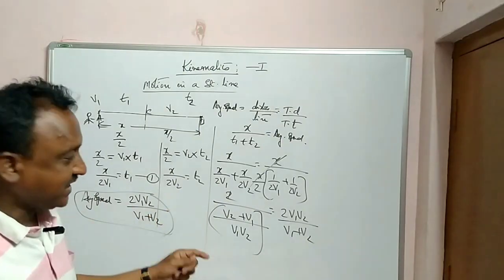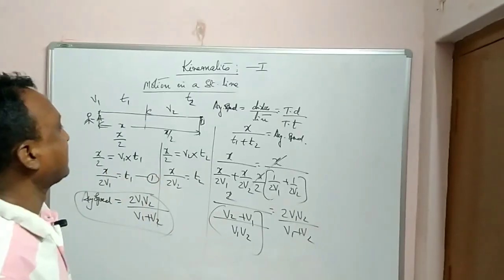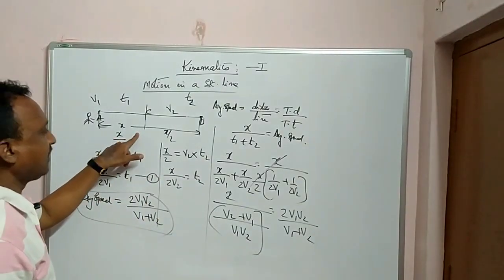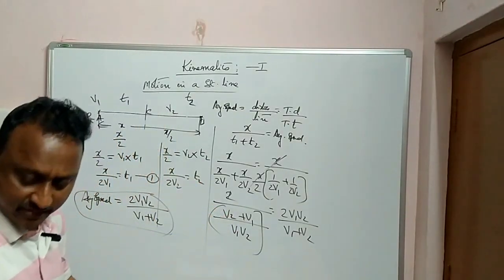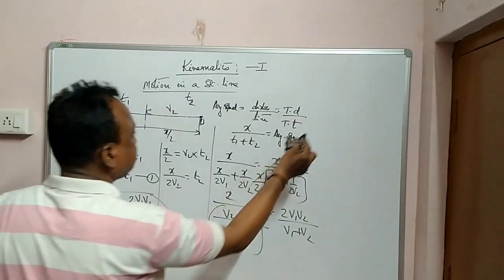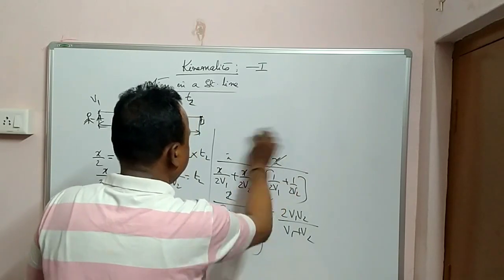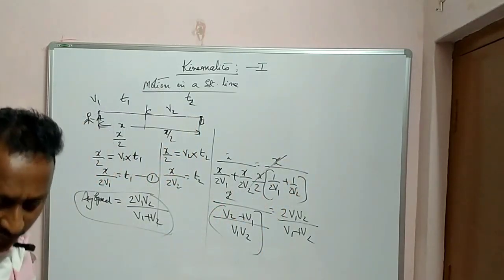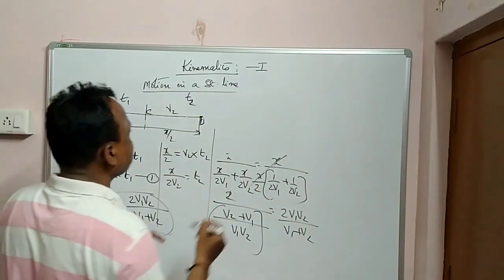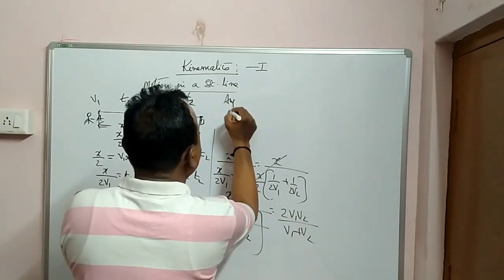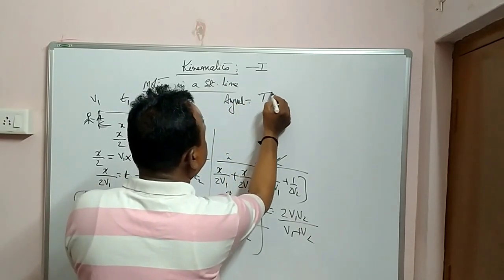Suppose if you ask the same question for average velocity, then how can you calculate? I'll write down that one. Please copy. If you ask for average velocity, see, average velocity means what is the thing?